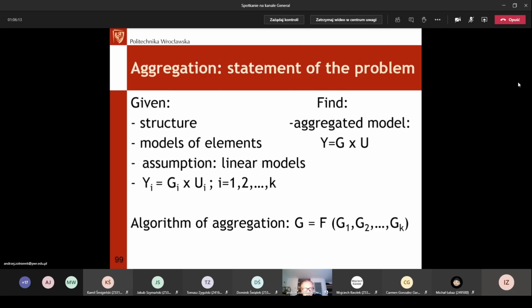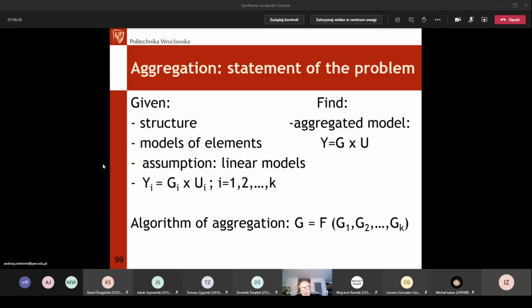Okay. In general, the formulation of aggregation you can see just here. It means we have the structure of our system. We have models of every element, and of course we assume that our models are linear.